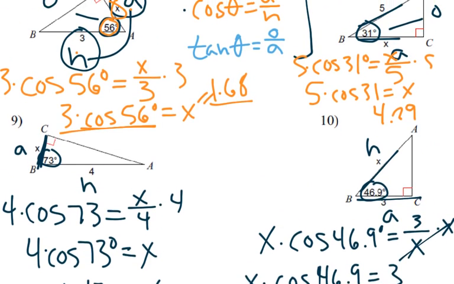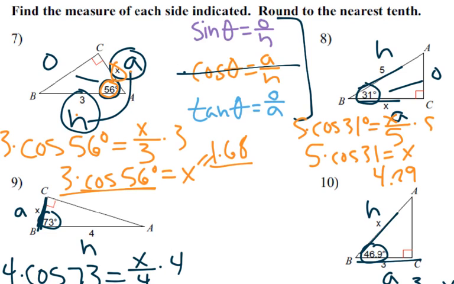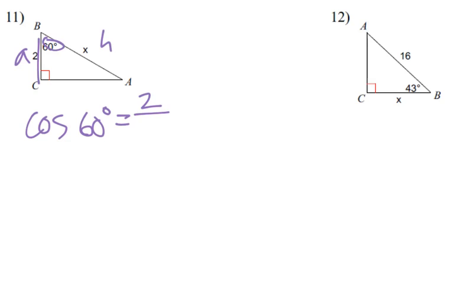Okay? So, that was just using those. And we used all the cosines, so hopefully we have something different now. Oh my goodness. I think every single one of them is cosine. So, same process. Okay, adjacent, hypotenuse. So, cosine of 60 degrees equals 2 over x. So we times by x.